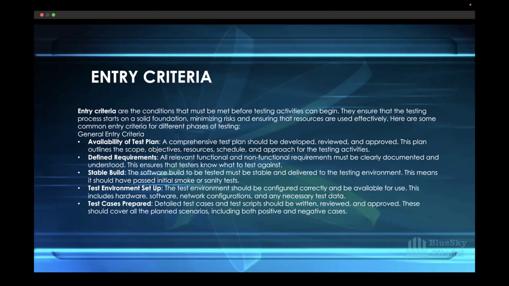So before this code or this application gets tested in the test environment, it has to be stable, because if your test environment is not stable, it will give you different types of test results. Today, you might execute your test case and it will pass.